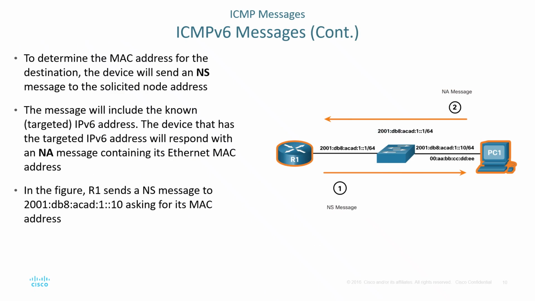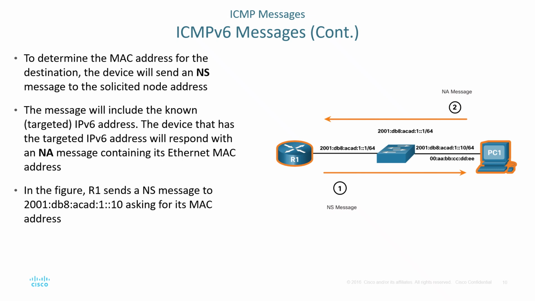Now, to determine the MAC address for the destination, the device will send an NS message to the solicited node address. The message will include the known targeted IPv6 address. That is the difference between just a regular NS and an NS to a solicited node. The IPv6 is a specific target address. The device that has the targeted address will respond with an NA message containing its Ethernet MAC address.